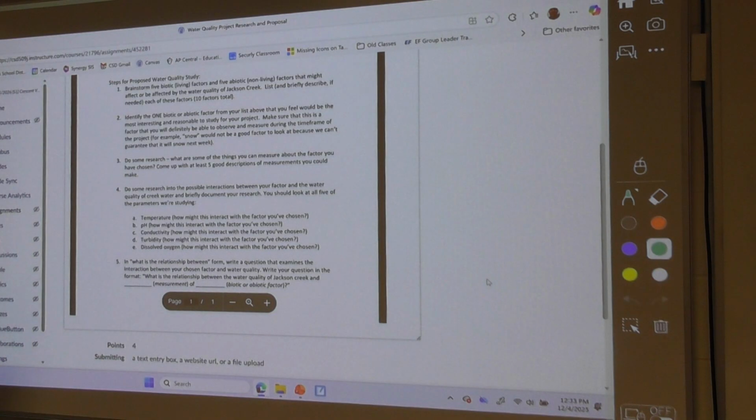So this is called the water quality study, and what you're going to do is evaluate some of the parameters of water quality that we talked about: pH, conductivity, turbidity, temperature, dissolved oxygen, some combination of those even. You can look at more than one if you want. And you're going to try to investigate whether there's any connection between those water quality parameters and some of the things that you can see and observe in the creek.